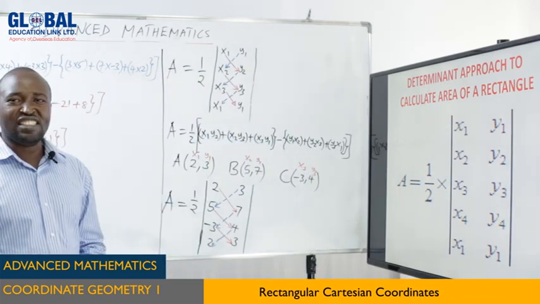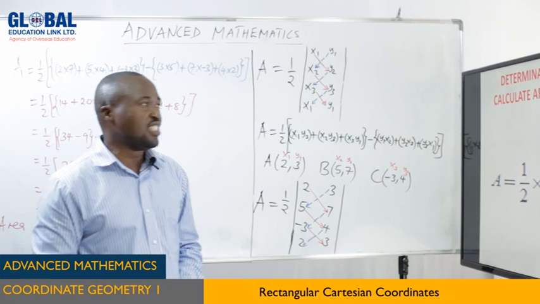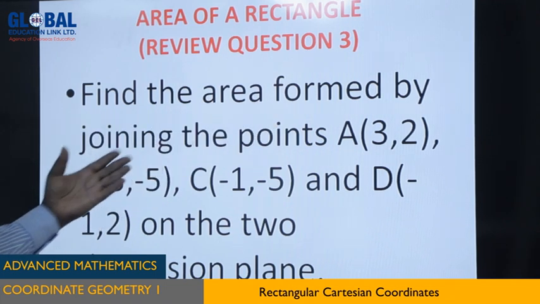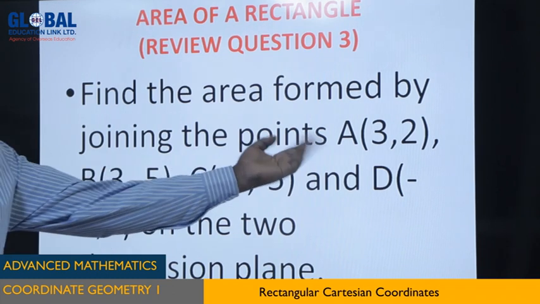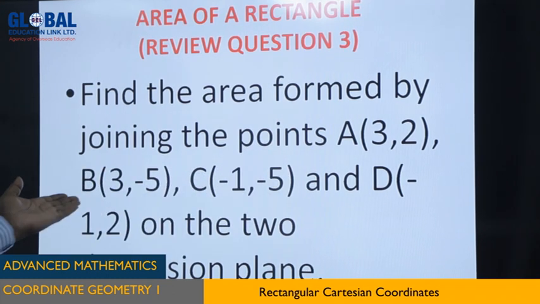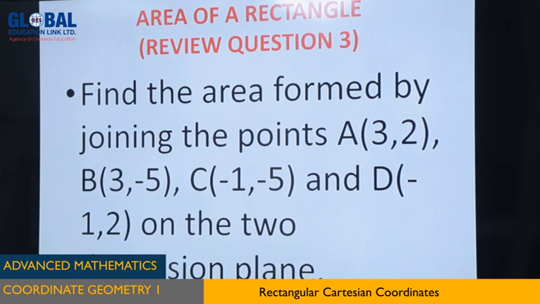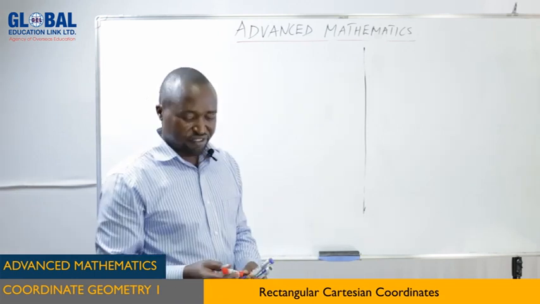So my dear student, let us see the review question of how to find the area of a rectangle. And here we have the question. The question says, find the area formed by joining the points A (3, 2), B (3, -5), C (-1, -5), and D (-1, 2) on the 2-dimension plane. So that is our question.